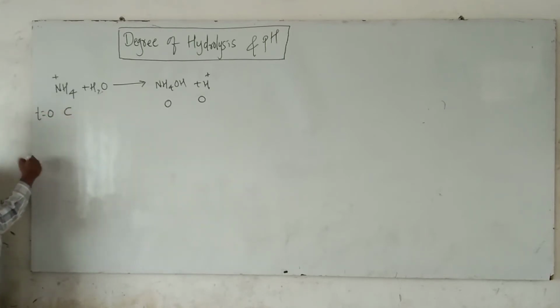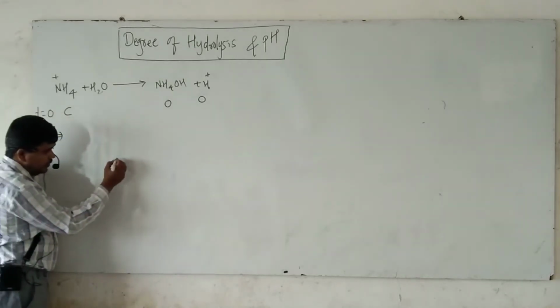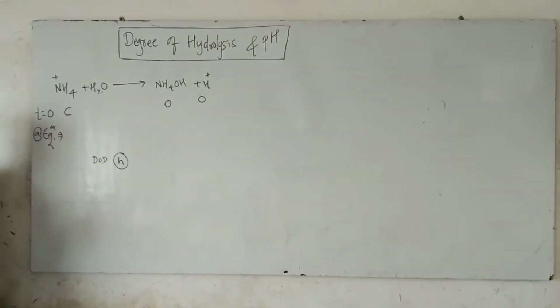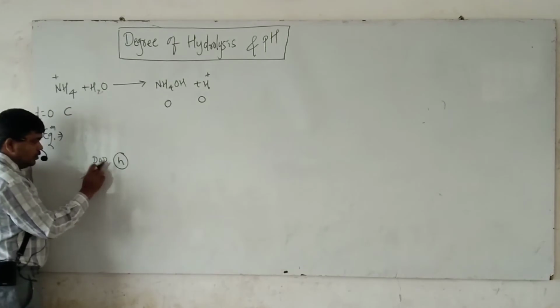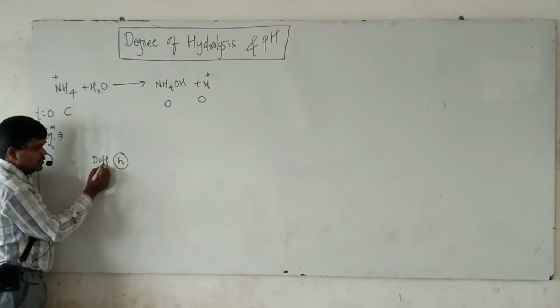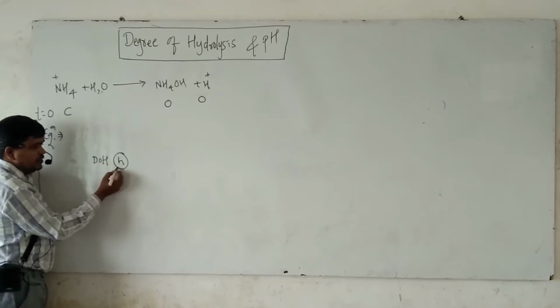Now, after some time, that is at equilibrium, you know that H is the degree of hydrolysis. What is the meaning of DOH? Degree of hydrolysis.